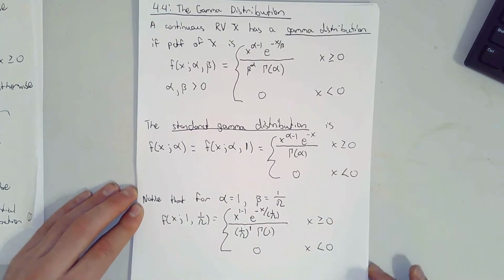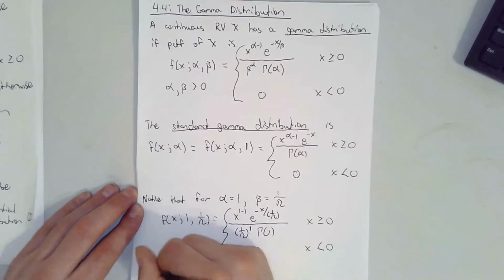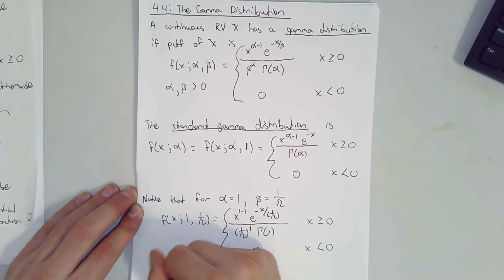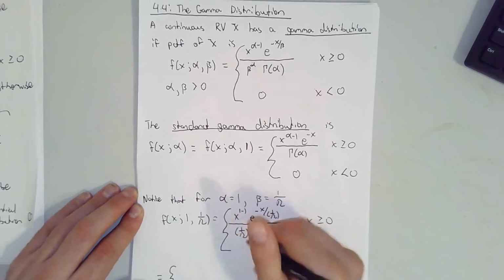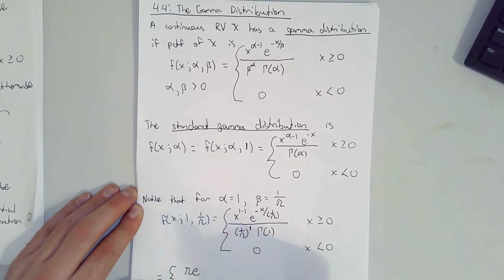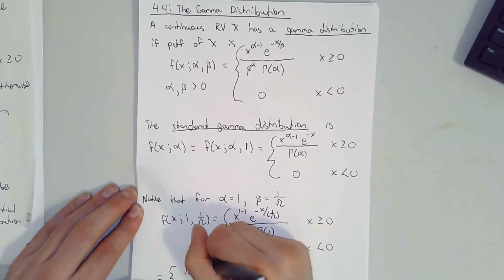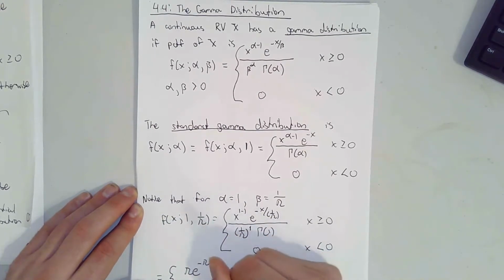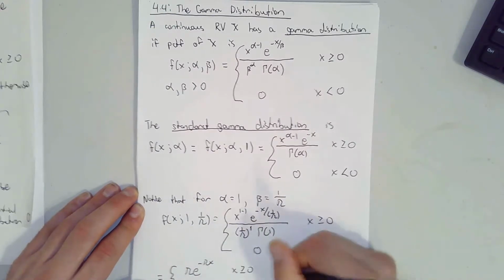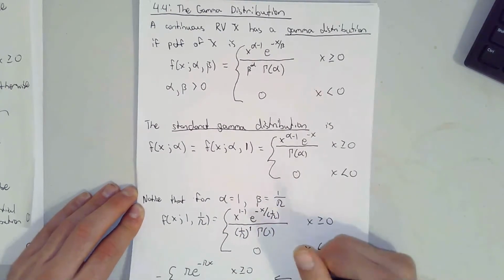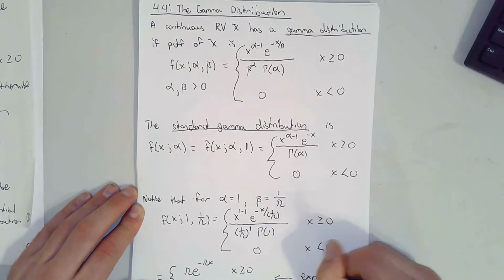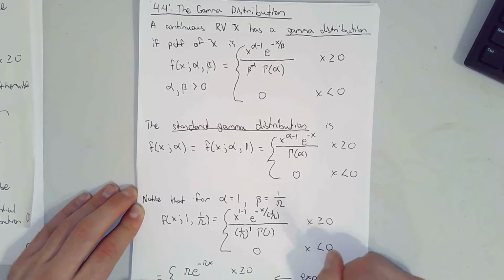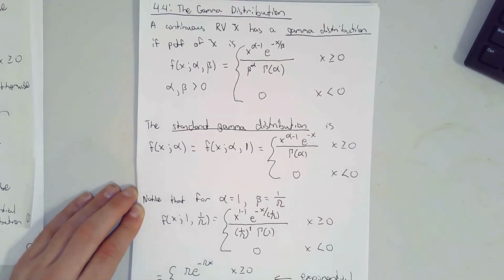But with a little bit of algebra, we can see that this quickly simplifies to the exponential distribution.